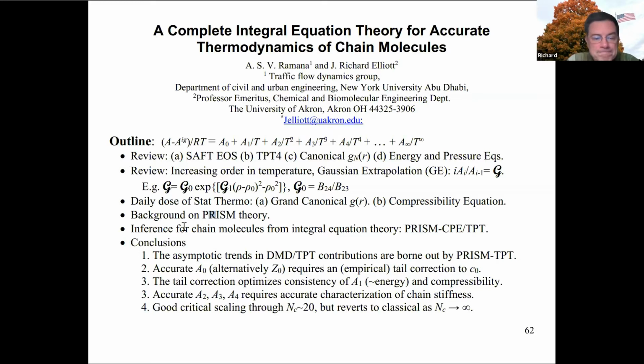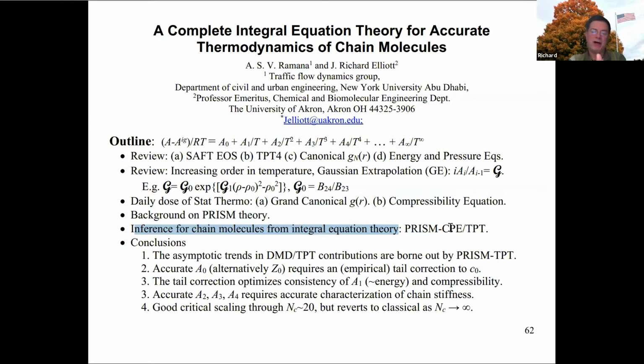So I want to give you a little background on that PRISM theory, and then we'll take a look at what we can learn when we apply this PRISM theory and we make an adaptation for it in the form of perturbation theory. And so CPE stands for a coupling parameter expansion.